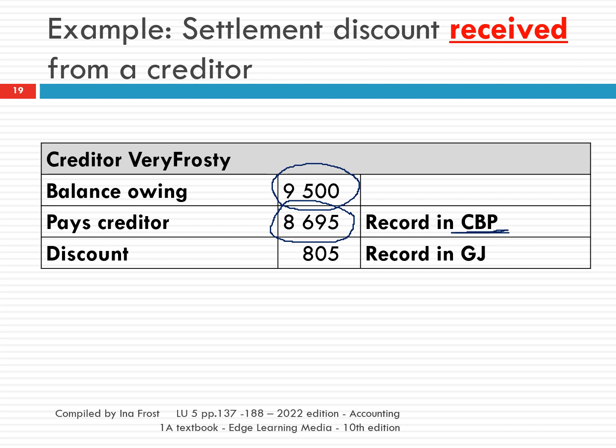Okay, so the actual cash payment goes into cash book payments. But then there's still this small amount here, the 805, which is the discount now that we have received from our creditor. And that discount we are going to record in our general journal.